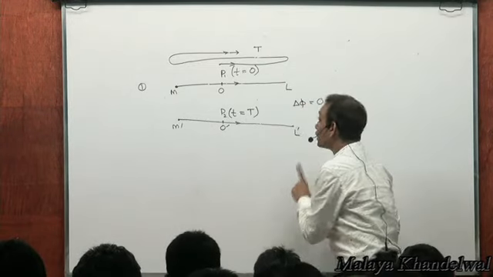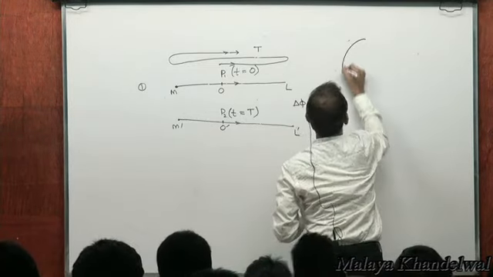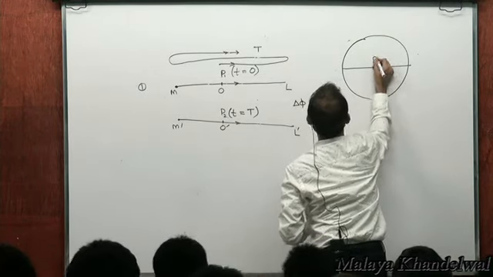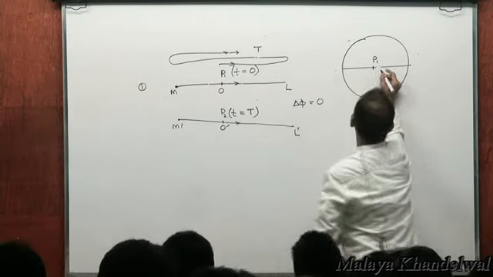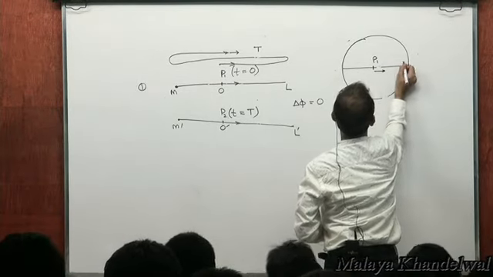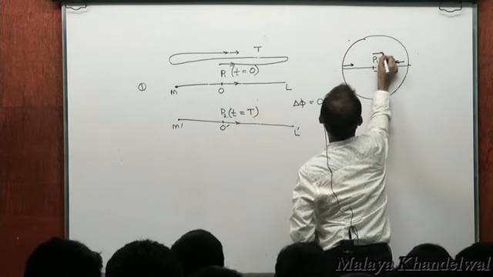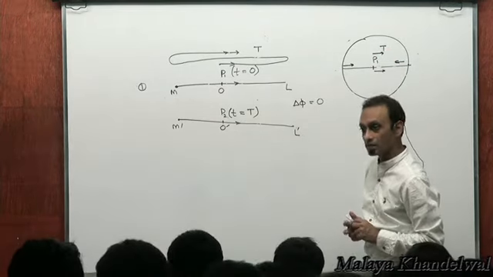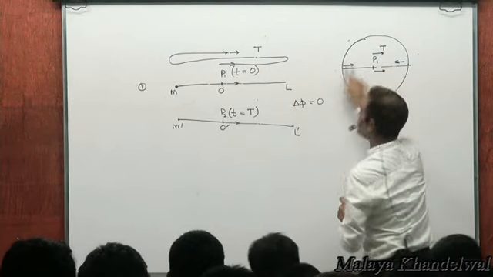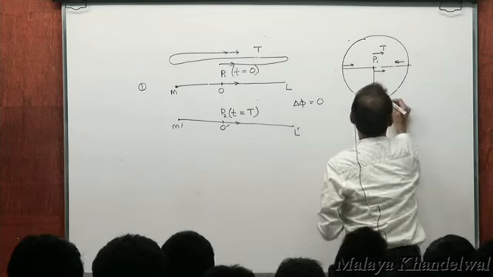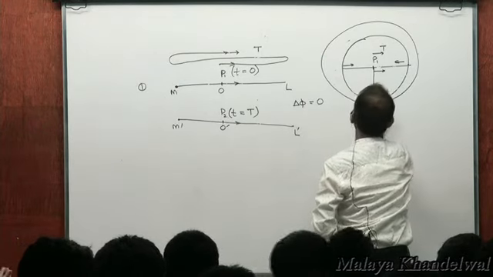Now, do you realize that in capital T seconds, this was P1 starting from its mean position, doing this, coming here, doing this, coming here, doing this, and reaching P1 at T seconds, capital T seconds, right? By the time P1 did a full cycle, what did its auxiliary particle do? Q1 did a full revolution.